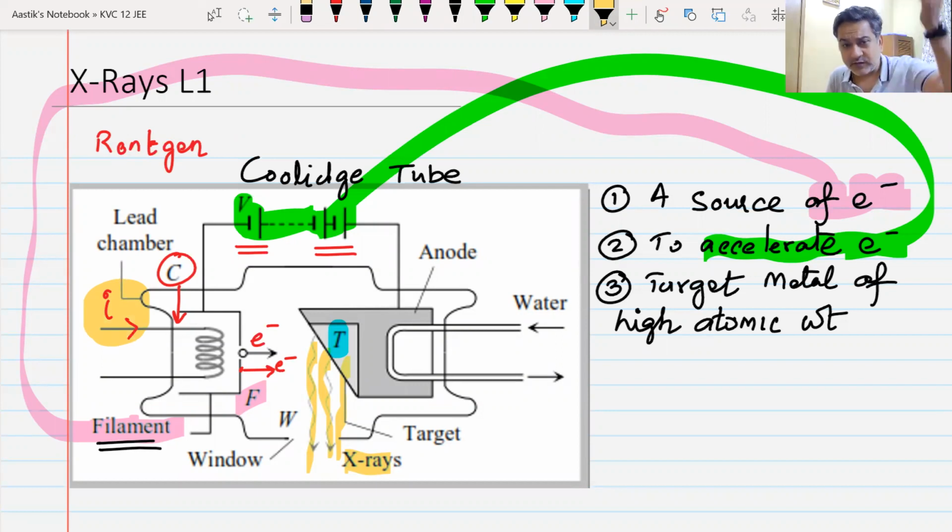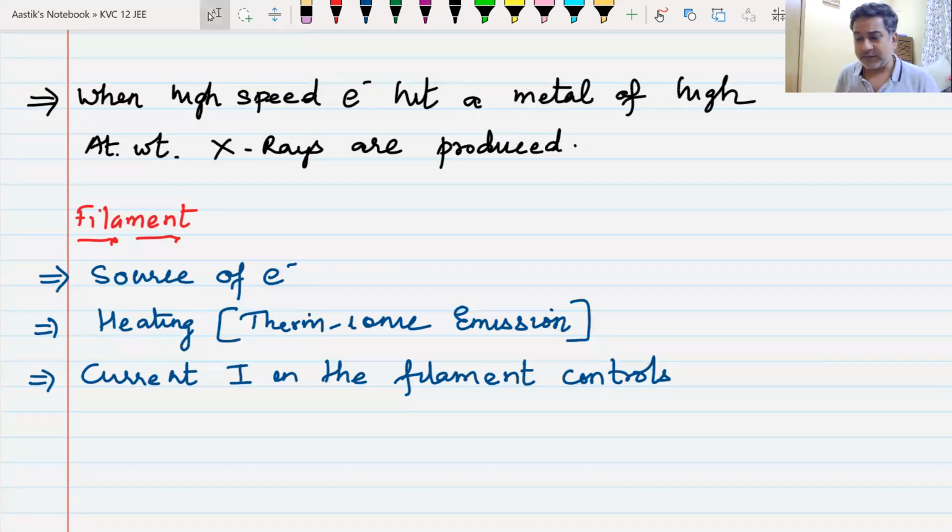If I increase the current, then what will happen? This is common sense, this is not physics. Heat increases, sir. So what will happen if it increases? The emission of electrons increases; thermionic emission is more.